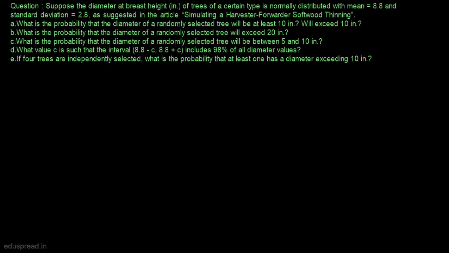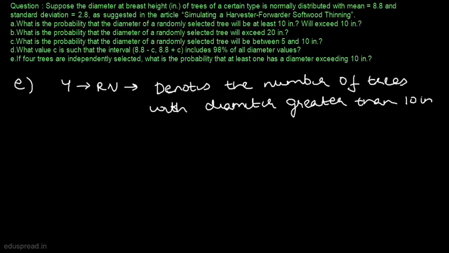If 4 trees are independently selected, what is the probability that at least one has a diameter exceeding 10 inches? Well, first of all, let y be a random variable that denotes the number of trees with diameter greater than 10 inches. According to this definition, the possible values of y are 0, 1, 2, 3 and 4, and we have to find the probability that at least one has a diameter exceeding 10 inches.